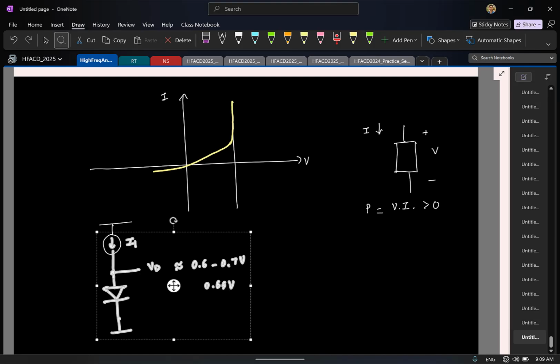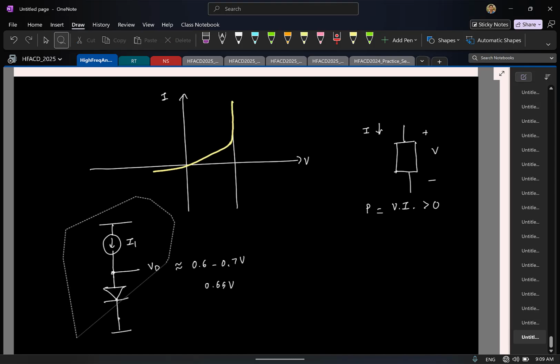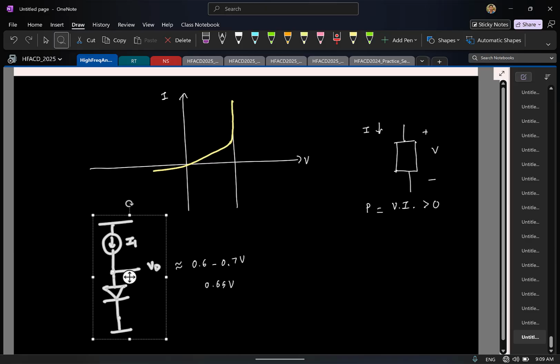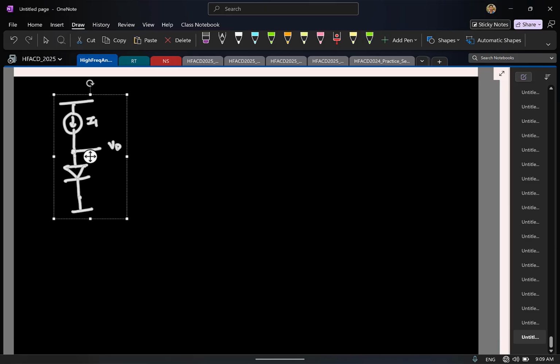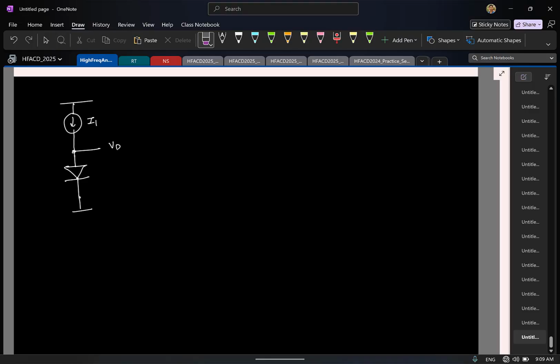So let me take it to the next page. What is the IV relation for a diode? Let's try to get it mathematically. What is the IV relation for a diode? I equals Is times e to the power VD by VT, actually minus 1 to be exact.